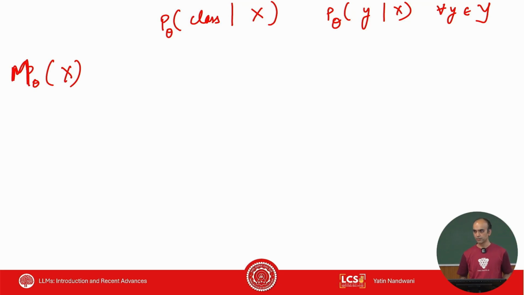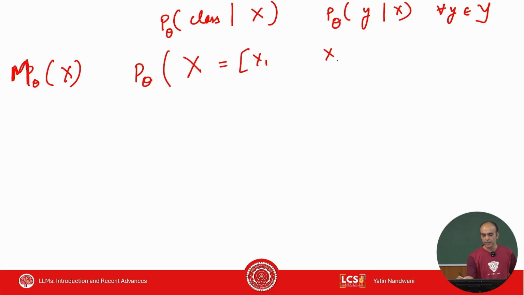In general, in a language model, what we are modeling is the language, which essentially means that if I have a model P theta and I randomly get any sentence X, which is a sequence of, let's say, X1 to X T. For example, let us restrict our understanding to a fixed T number of words.